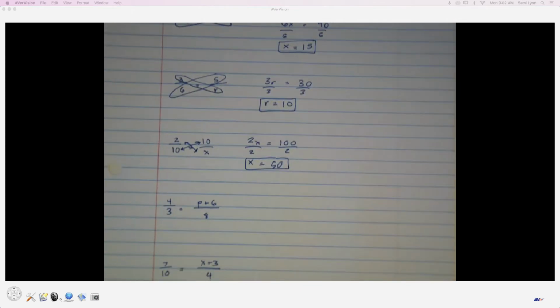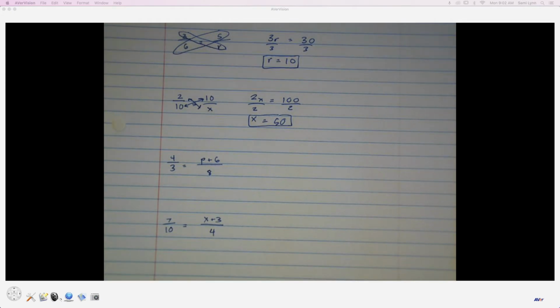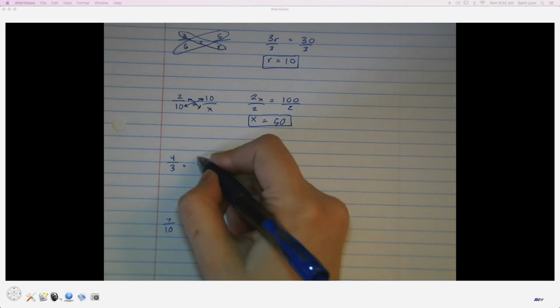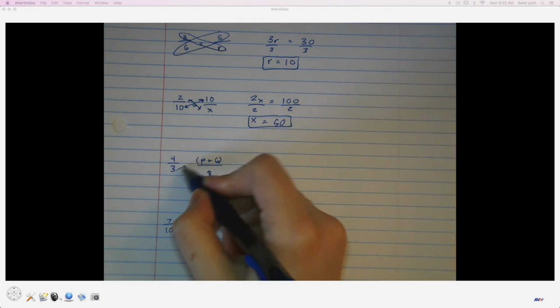All right, moving on to something a little bit more complicated. Really, it's the same exact process. We just have to remember that we are going to use some parentheses here. So whenever I have something that's more than just a single variable or number in the numerator, I'm going to put parentheses around it so I remember to distribute whatever I'm multiplying by.